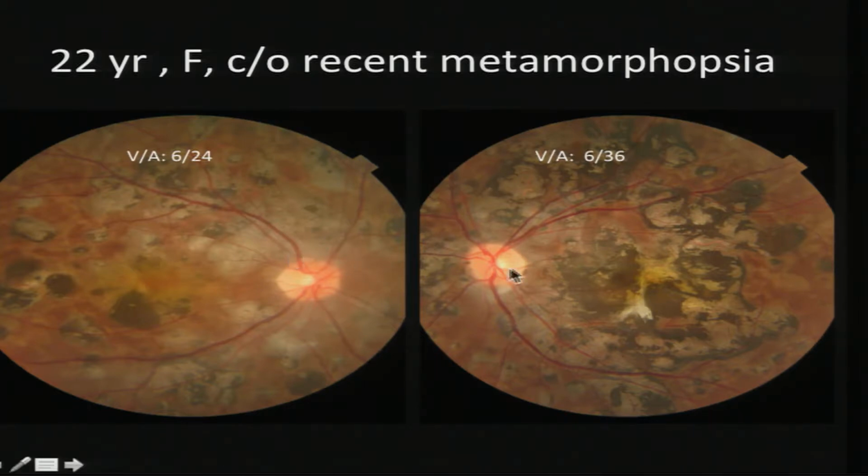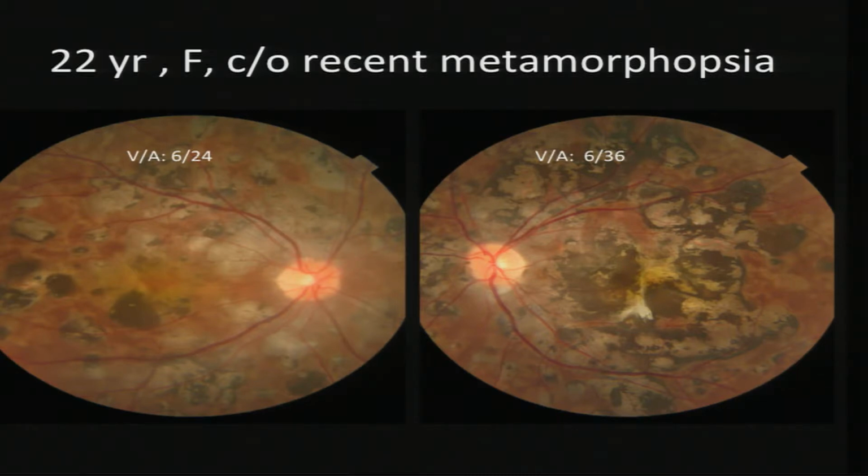Now look at this fundus picture, right and left eye of a 22-year-old girl. She has been treated outside as serpiginous choroiditis, but she has a very distinct complaint. She says she has a recent metamorphopsia.